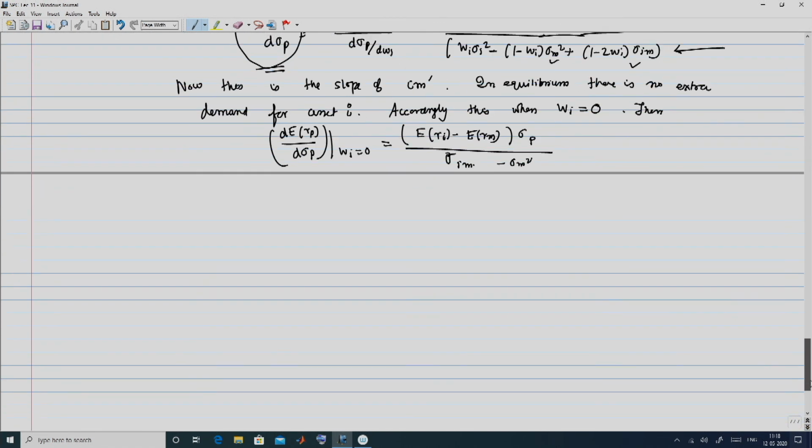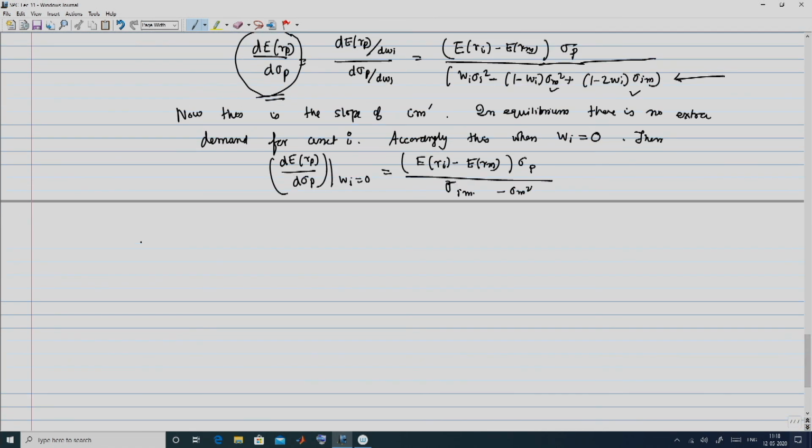Okay. Now, we make an observation about the slope of the curve I M prime when W I equal to 0. Remember that this has to be reconciled with the fact that when W I equal to 0, your portfolio P does not have any extra investment in the ith asset, so it has the same investment as the market portfolio.